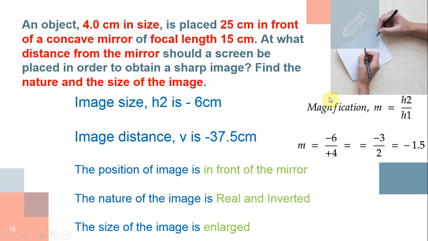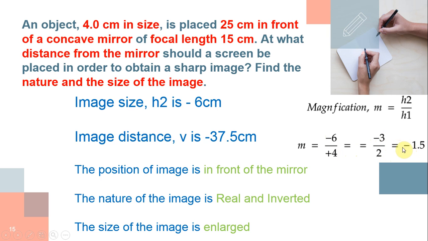Now we find the value of magnification. So M is equal to H2 by H1. Now substituting the value of H2, that is minus 6, and H1 is plus 4, M is equal to minus 3 by 2, which is equal to minus 1.5.